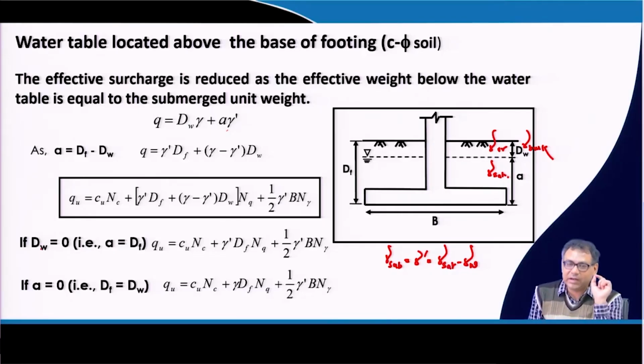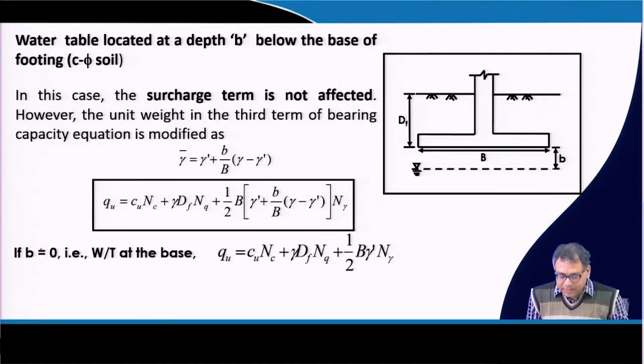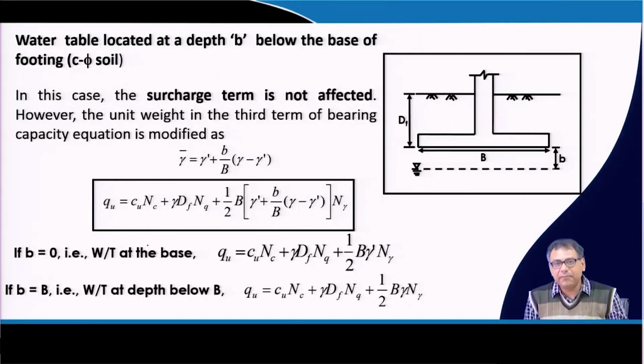So, if the water table is at the ground surface, that will give us the lowest bearing capacity. If the water table is below the base of the footing, then we have to use this equation, and here again gamma dash is equal to gamma sat minus gamma w.